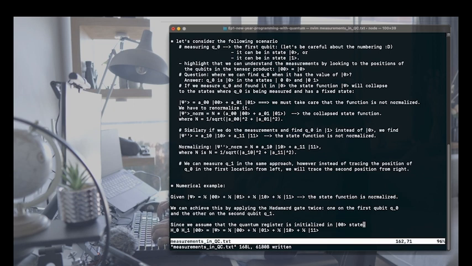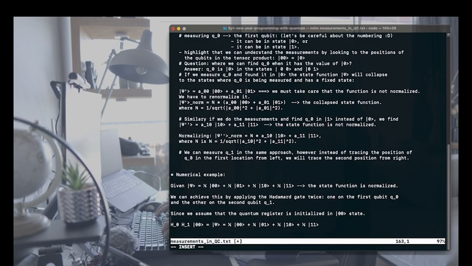So we typically assume that the quantum register is initiated in the zeroth state, which is ket 00. And then if we apply the Hadamard gate twice, firstly on the first qubit and secondly on the second qubit, we achieve this particular superposition of the computational bases ket 00, ket 01, ket 10, ket 11.